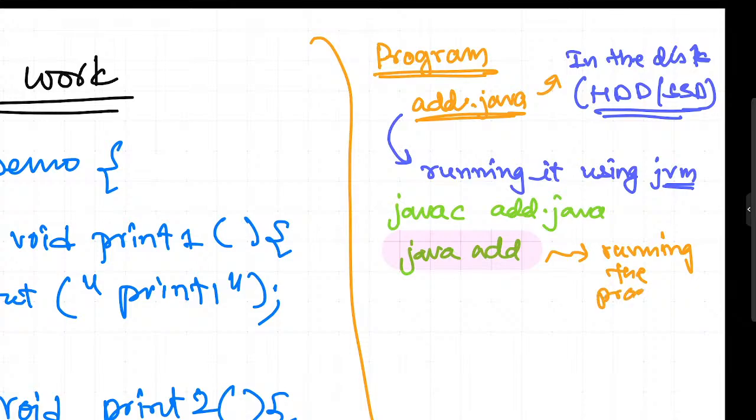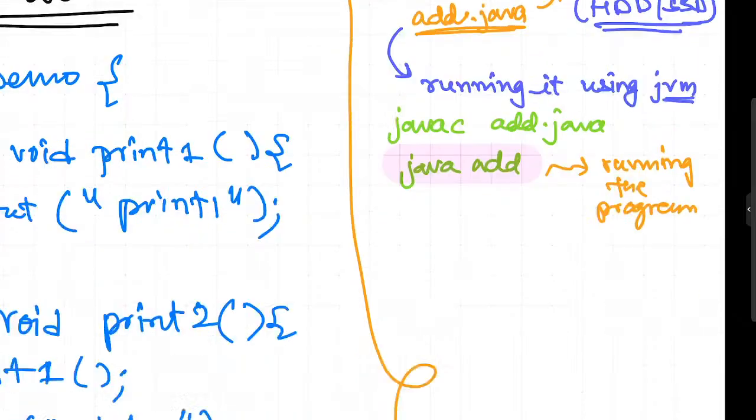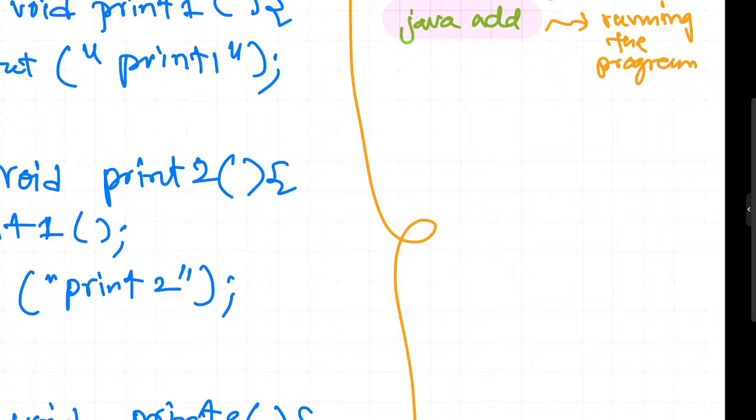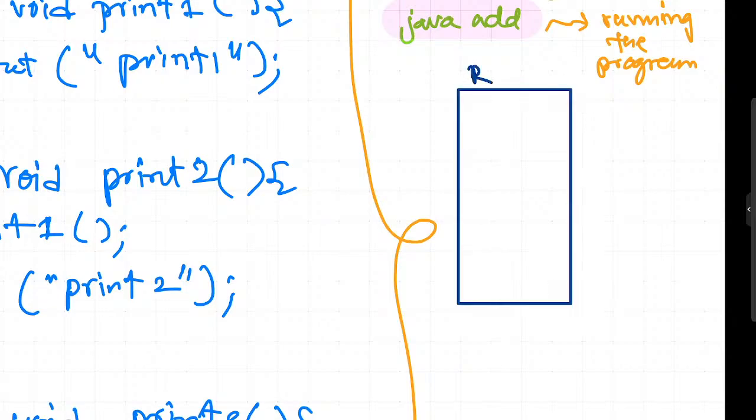When you run the program, your system generally has your RAM, which is the random access memory.